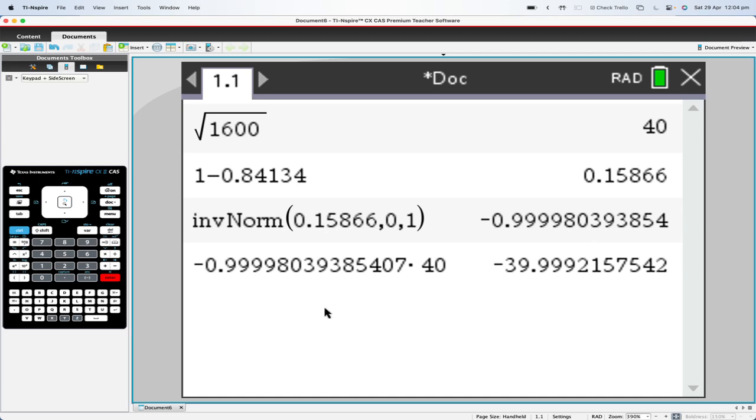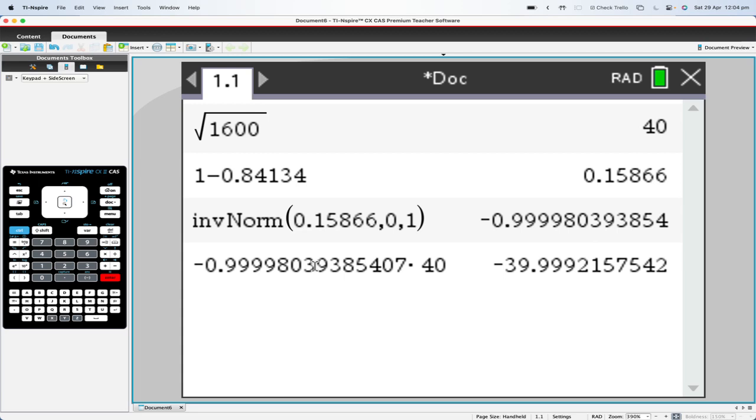Technically, I could use my solve function on my calculator at this point. Whether you do or not depends on whether you think it'd be easier to use your solve function or just do the calculations by hand, and secondly, on the number of marks a question is worth.